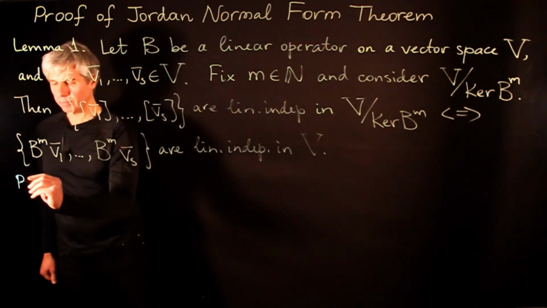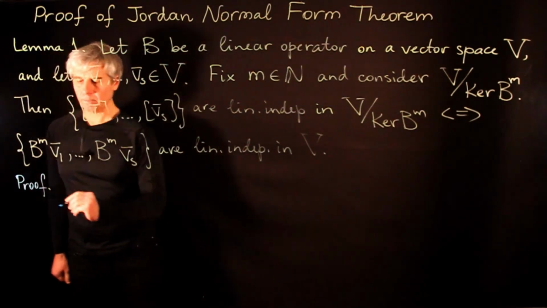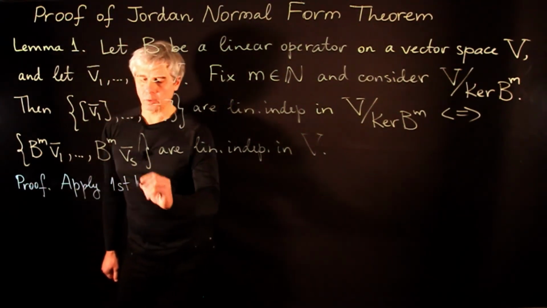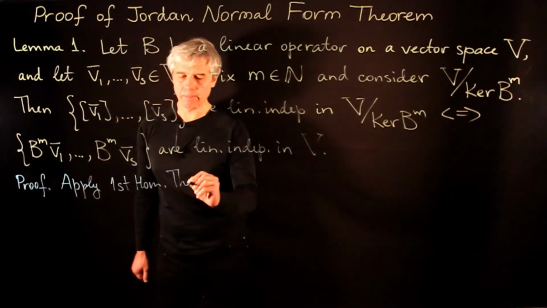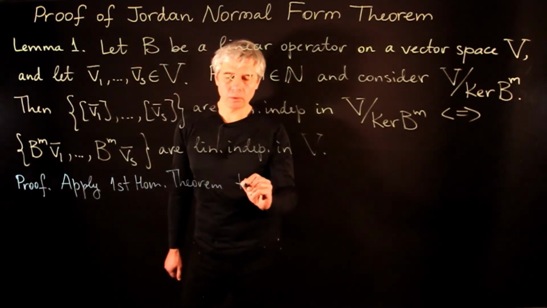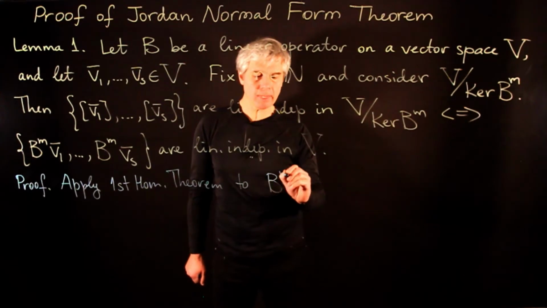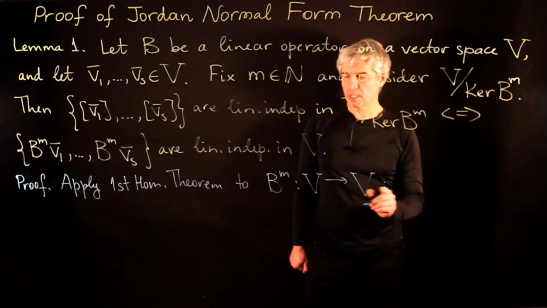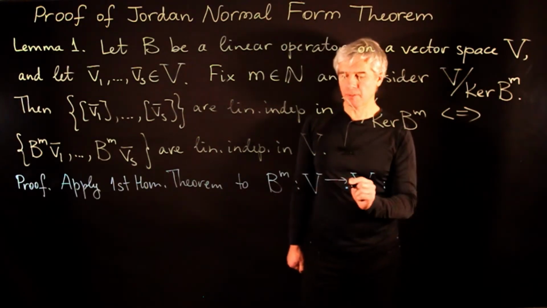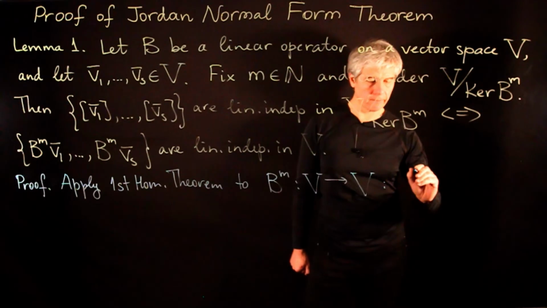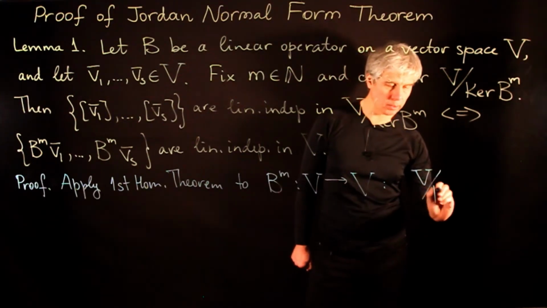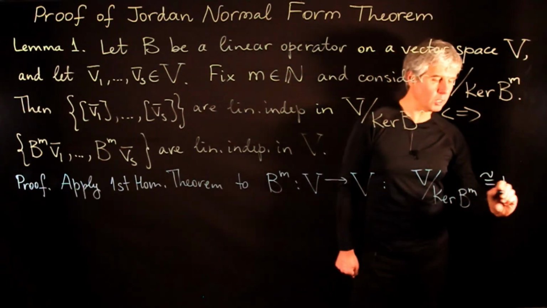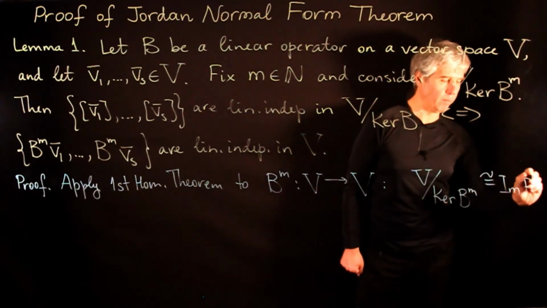Let's give a proof. Let's apply the first homomorphism theorem to the operator B to the power m on the space V. This theorem states that there is an isomorphism between the spaces V quotient by the kernel of B to the power m and the image of B to the power m.